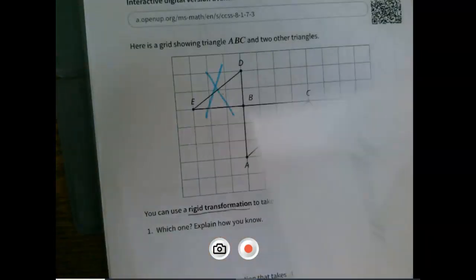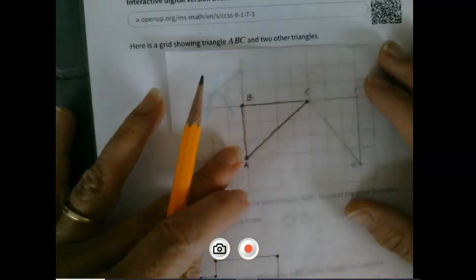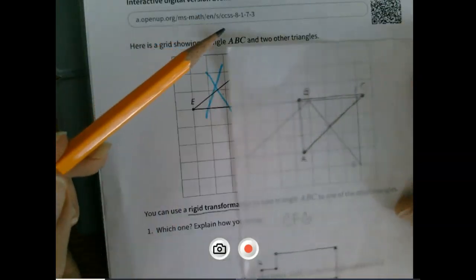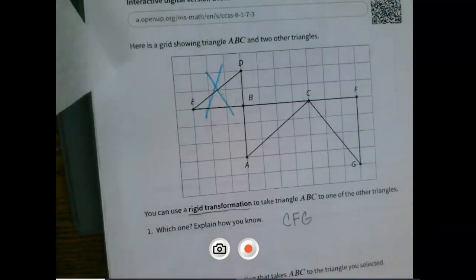So you can't just rotate it, and you can't just translate it either, because remember, a translation uses a straight line, and that wouldn't work. So it's going to be more than one transformation. It would have to be a sequence of transformations. Remember, a sequence is one or more transformations, okay?